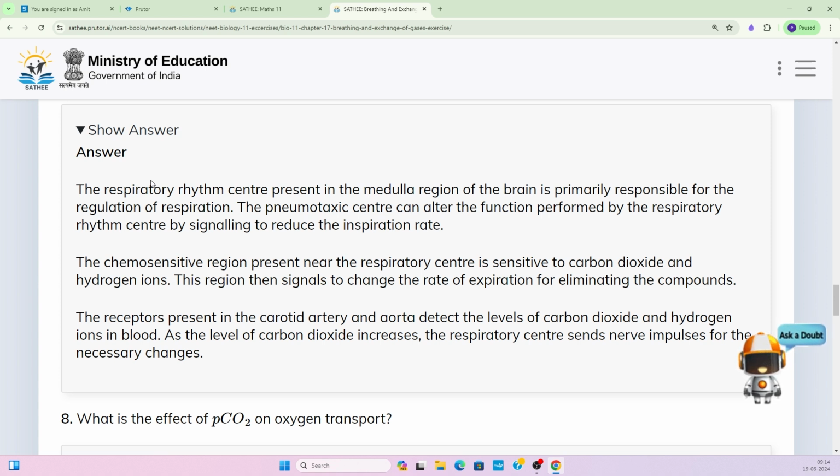And as the level of carbon dioxide increases, what happens? The respiratory center sends nerve impulses for the necessary changes. So this is very, very important.